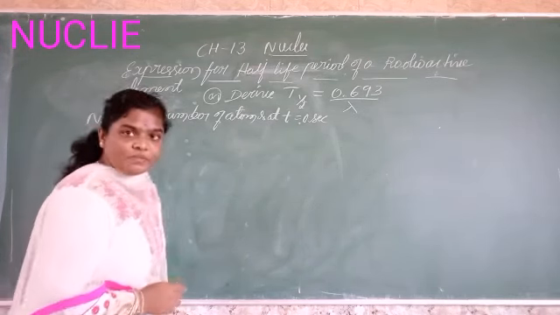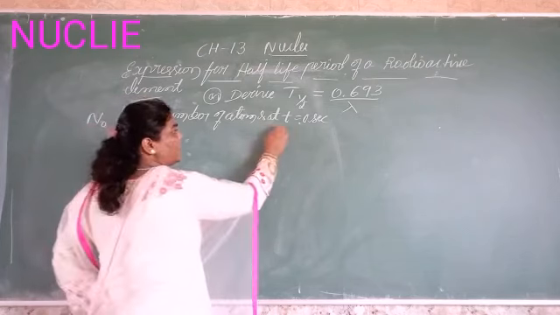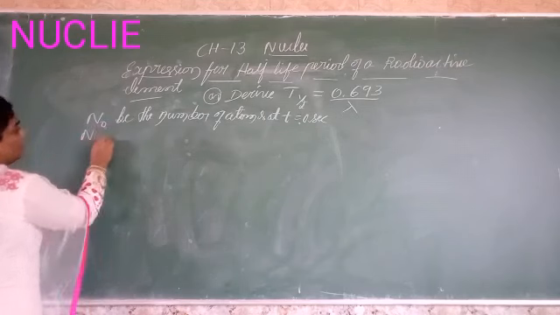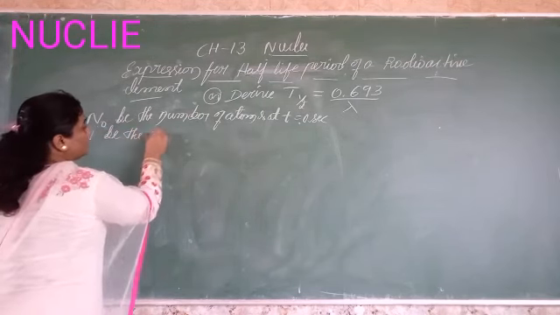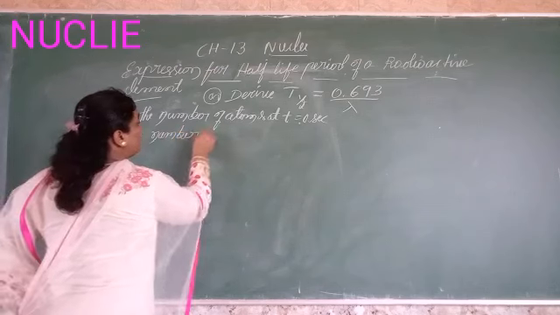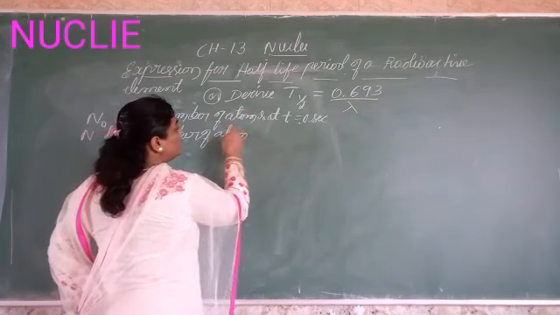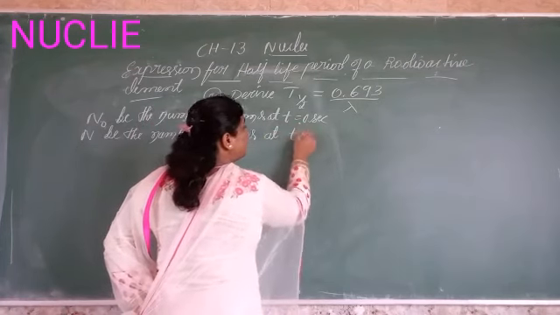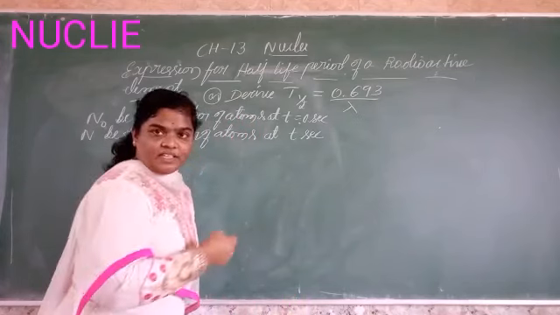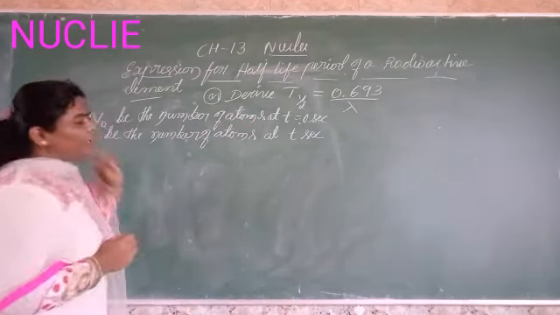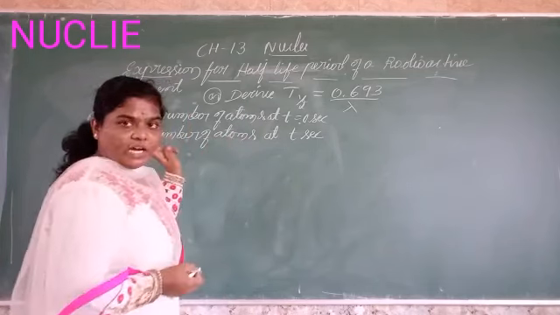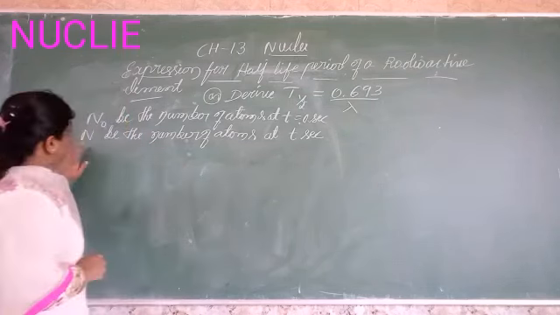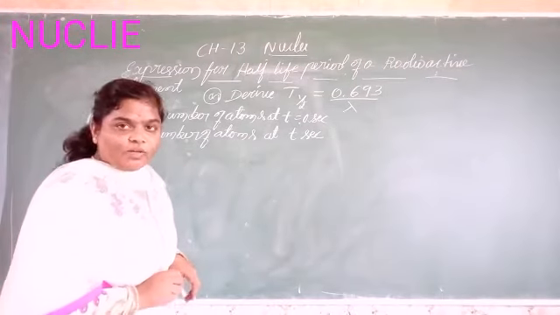Then N be the number of atoms present in a radioactive sample at time t second. So generally we can say it is t second. At time 0 there are N0 atoms in the radioactive sample, then at time t second, N is the number of atoms.